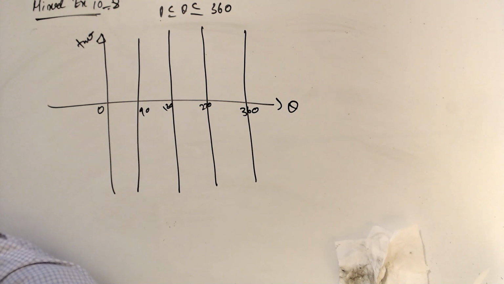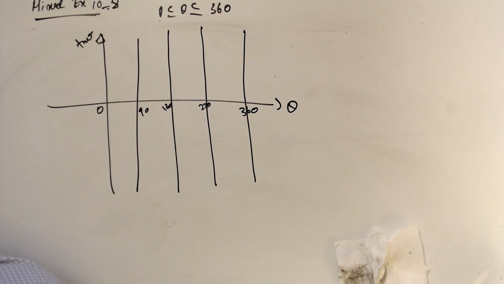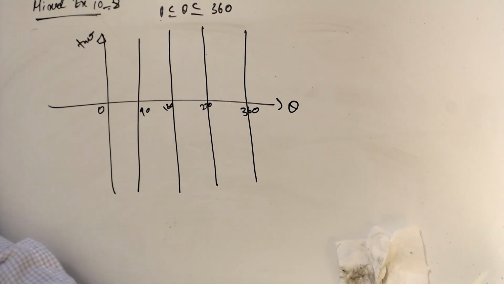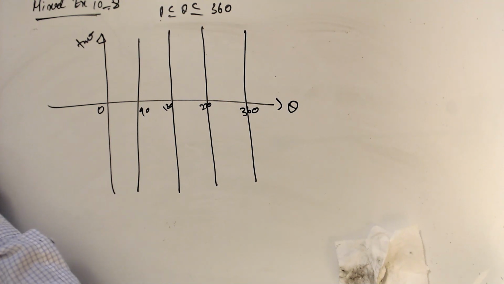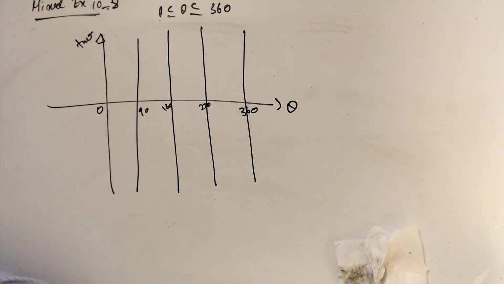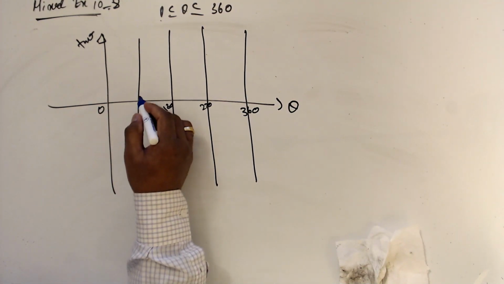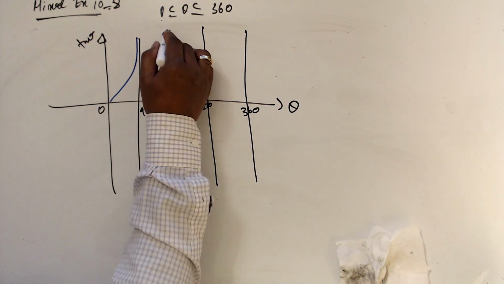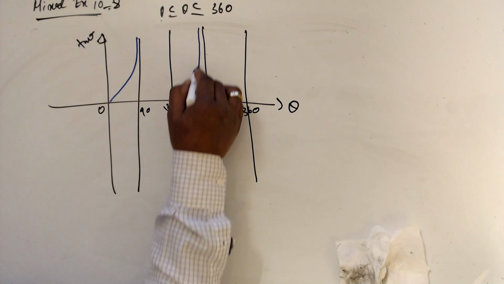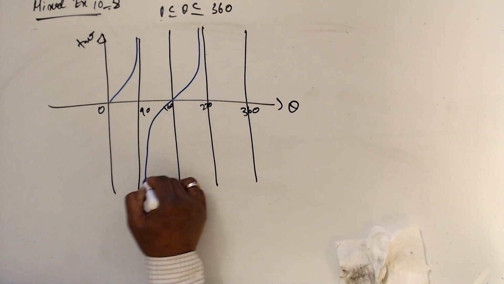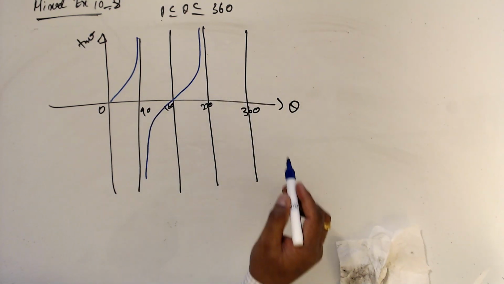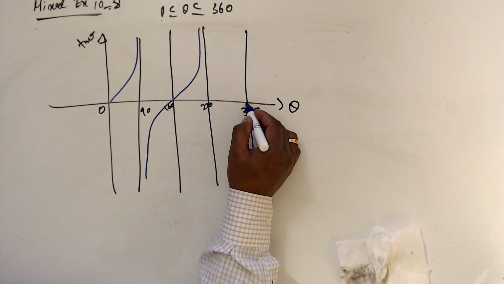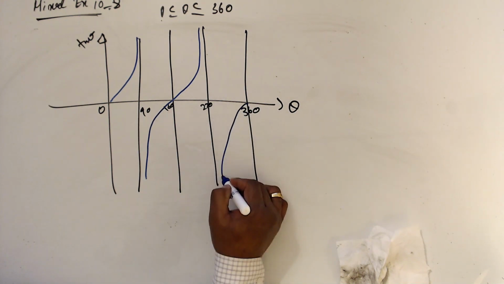The graph is going to be like this, and then the other one like this, and the other one like this.